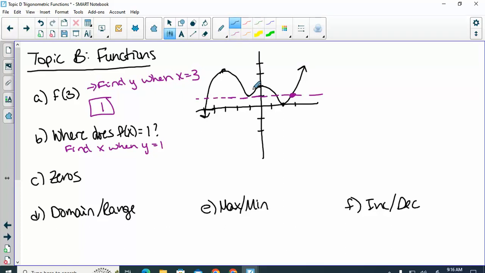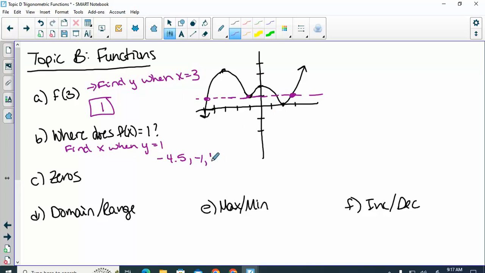Let's pretend this actually. So how many times does this graph equal 1? 2, 3, 4 times. So we're going to have 4 x values. So this one, -1, -2, -3, -4, so about -4.5. -1.